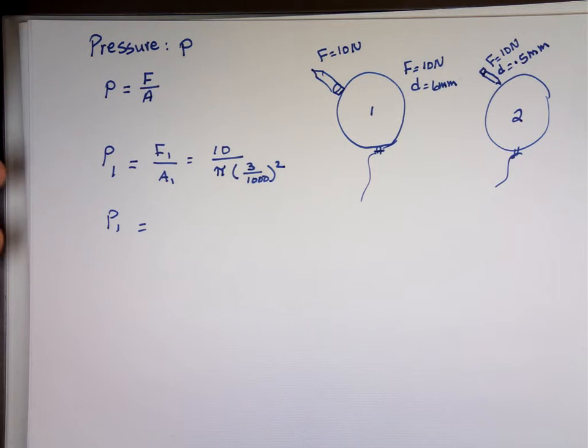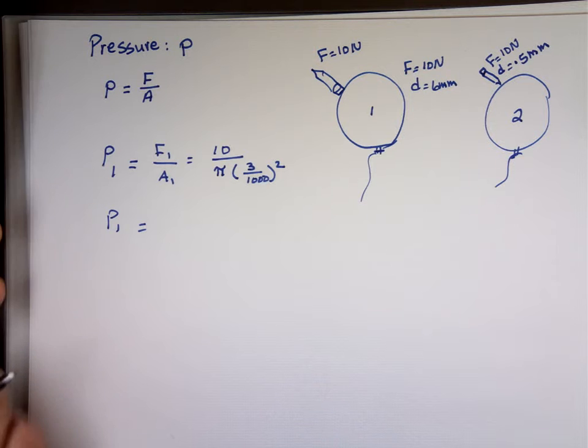10 divided by pi, divided by 0.003 squared.